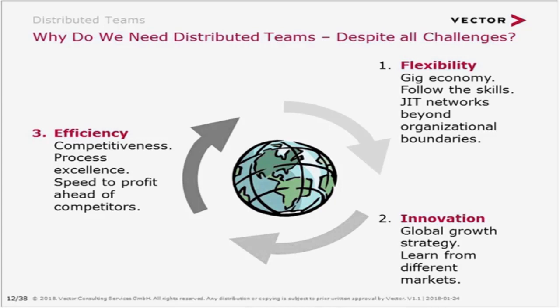So we have ecosystems which go beyond company borders. We have supply chains which obviously go beyond these borders, but we also have what is recently called the gig economy, where people more and more join a project for the short term with very specific skills, but then also leave again. That together is the key focus today when it comes to distributed teams.